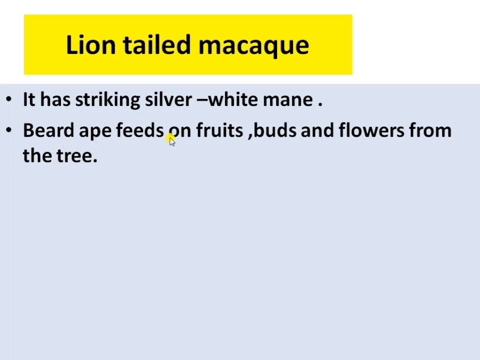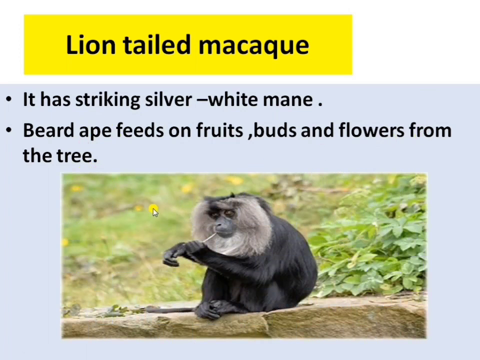The beard ape feeds on fruits, birds and flowers from the tree. This is a picture of the lion-tailed macaque. It rarely comes down, as it finds its food on the tree. It also feeds on insects present under the bark of the tree.